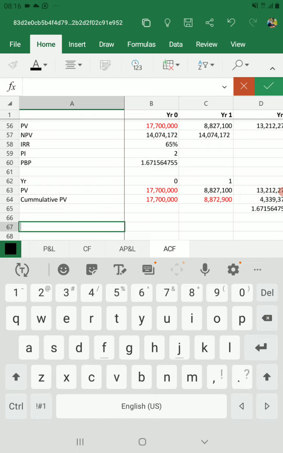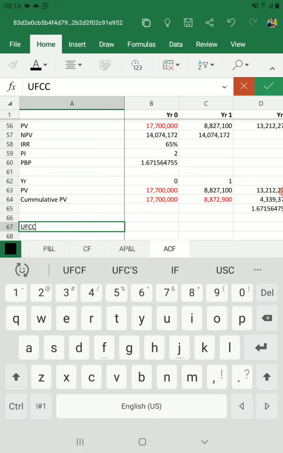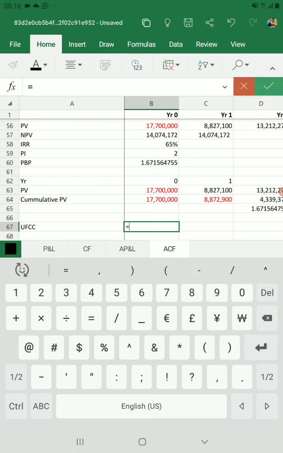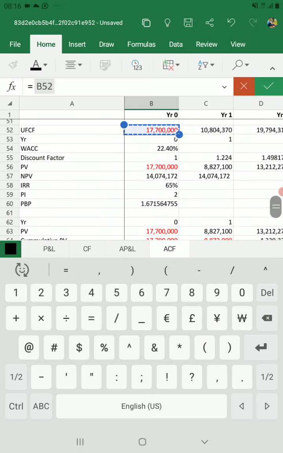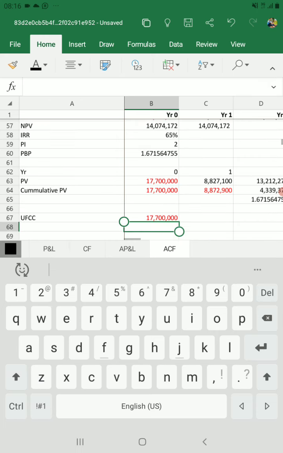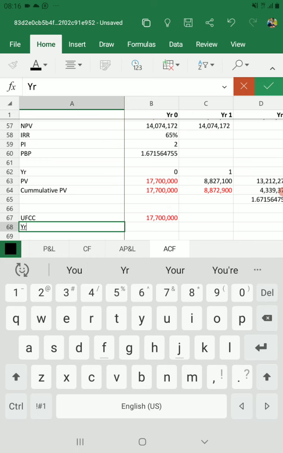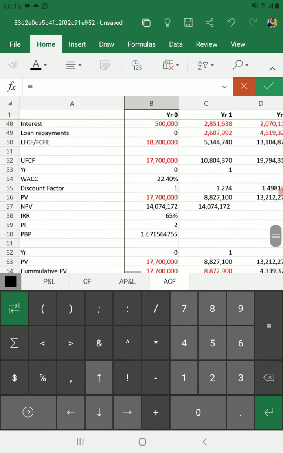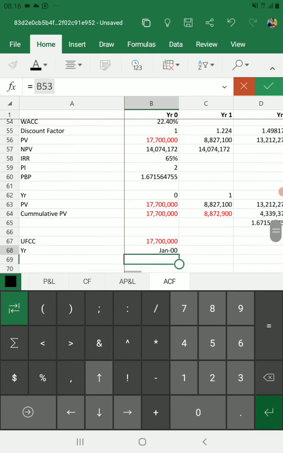Let me type unlevered free cash flow, and then start with an equal sign, pick the figure for unlevered free cash flow, which is here, press enter. Here should be the year indication, so click there, start with an equal sign and click the year, which is here, press enter.